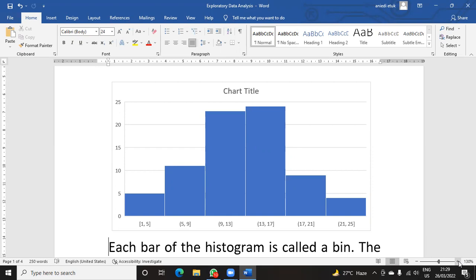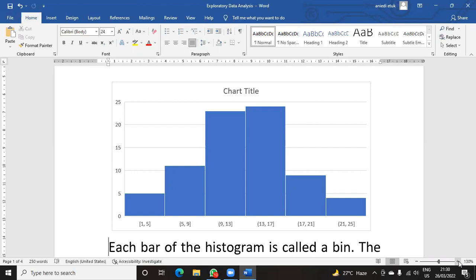So children that are 1 to 5 years old might be only 5, then 5 to 9 years old might be about 11, 9 to 13 years old might be 23, and 13 to 17 years old might be 24. Children that are 17 to 21.